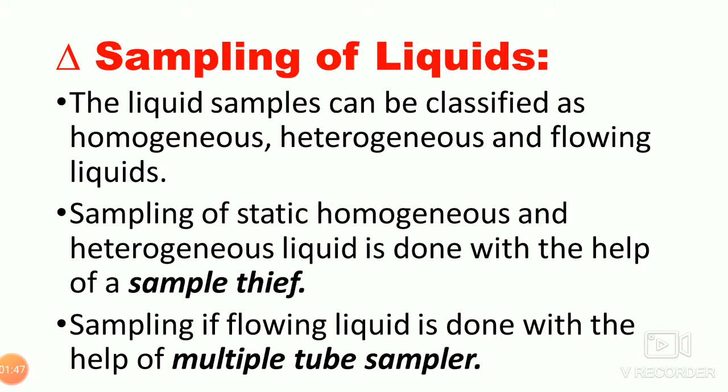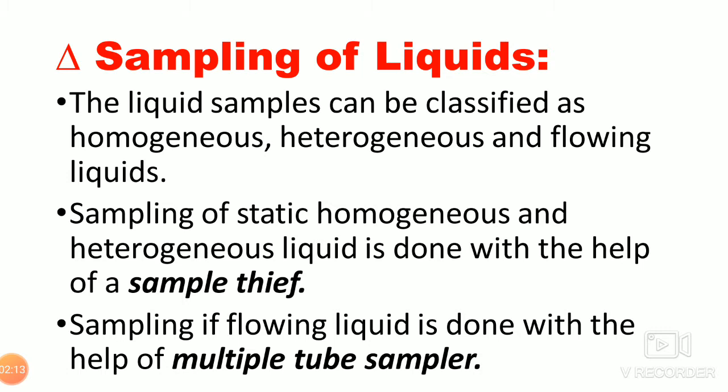Sampling of static, homogeneous, and heterogeneous liquid is done with the help of a sample tube. That means this is the apparatus. By using this sample tube, we are going to analyze homogeneous and heterogeneous static liquids.